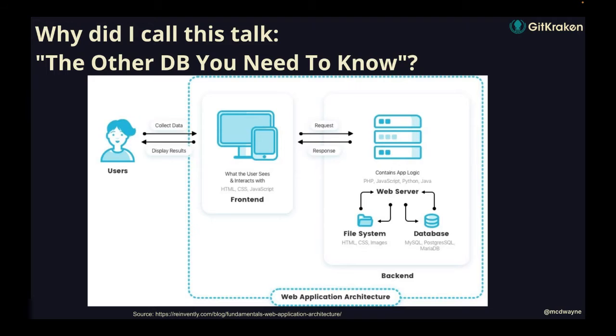So why did I call this the other database you need to know? I have a particular worldview because I have a background in Drupal and WordPress and traditional web application architecture. From a certain worldview like mine, everything is just a modeled way to get at a database, to store things in a database and to retrieve things from a database. I can abstract the file system out to completely other services, and I don't need to worry about that.